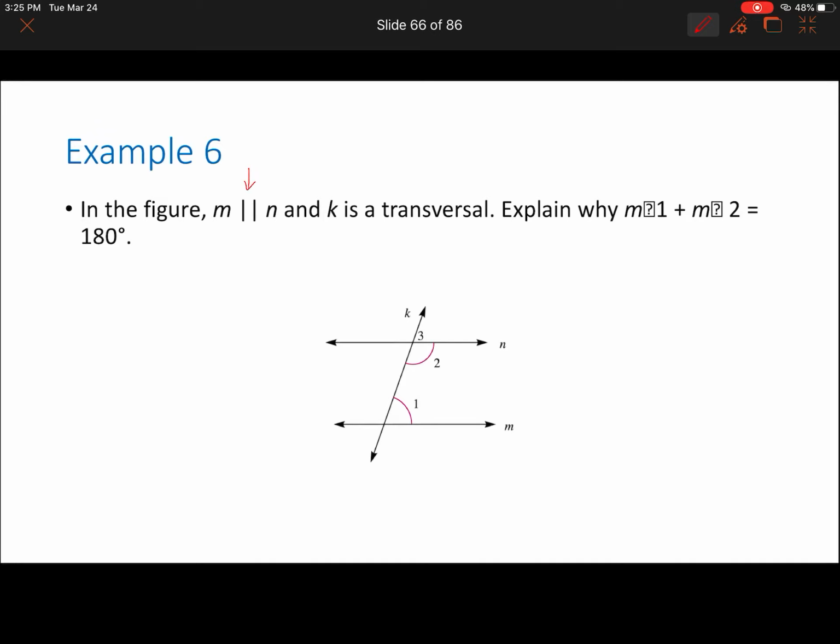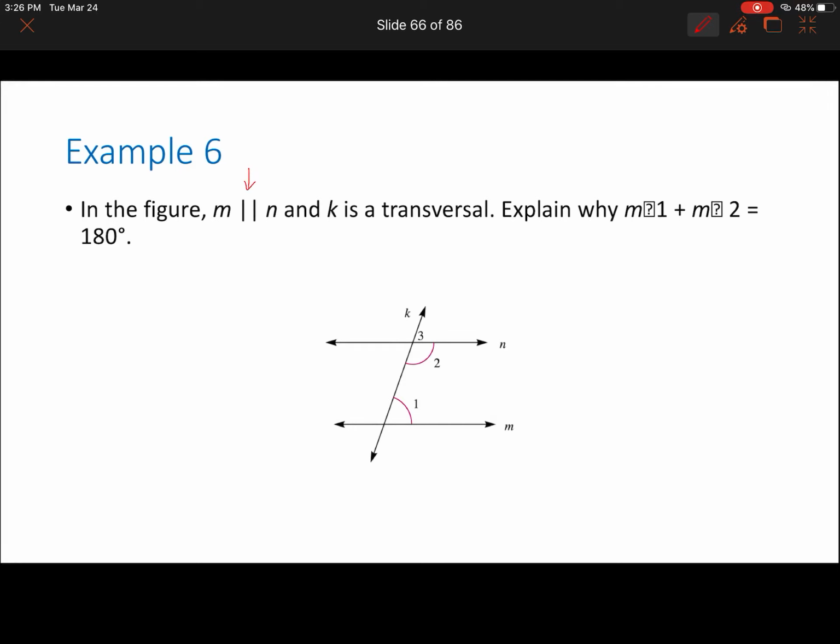So let's look at this one. It says in the figure, line M and line N are parallel. So this symbol means parallel. And K is a transversal. Now, because M and N are parallel, all those alternate interior, corresponding, vertical angles are all congruent.